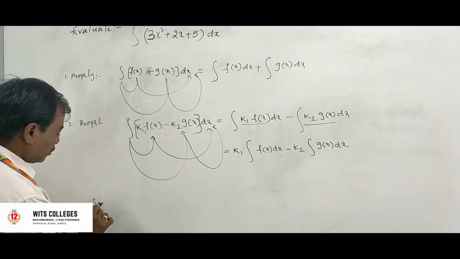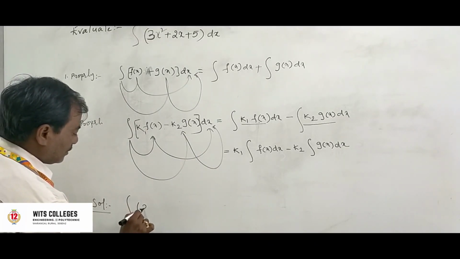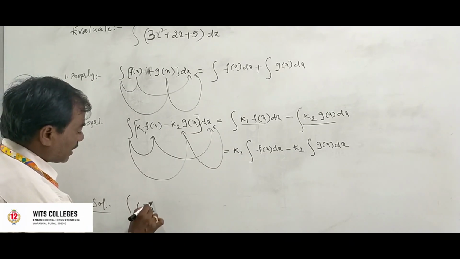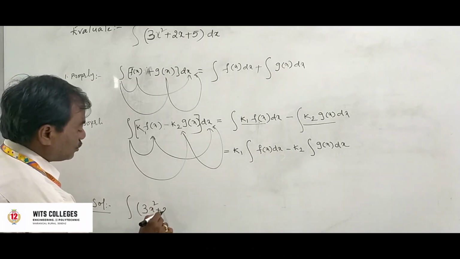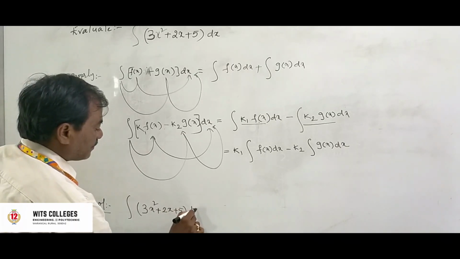What is the problem here? Solution: integral 3x square plus 2x plus 5 dx.